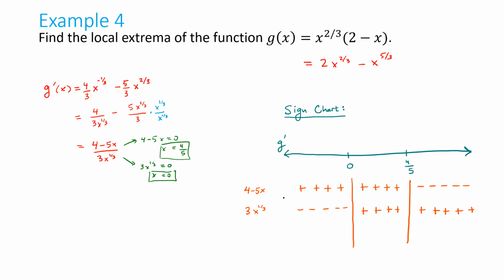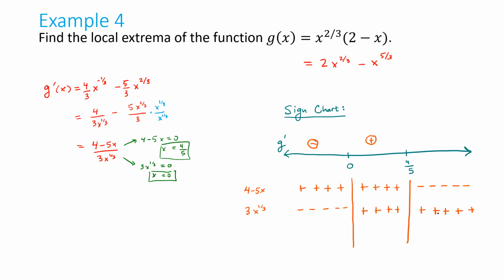Okay, so that means that when I divide them, we see that G prime will be negative here on this first interval. A positive divided by a negative will be negative. Positive divided by positive will be a positive value.